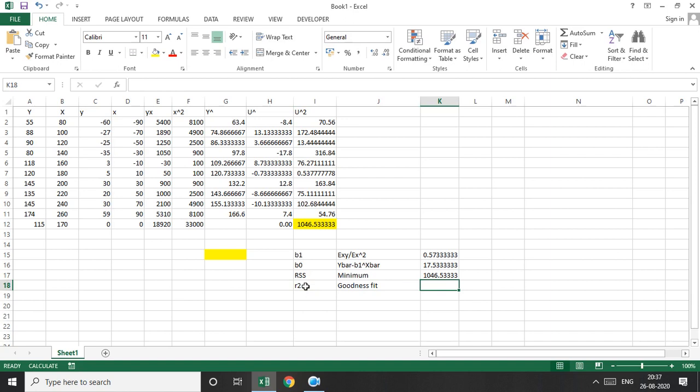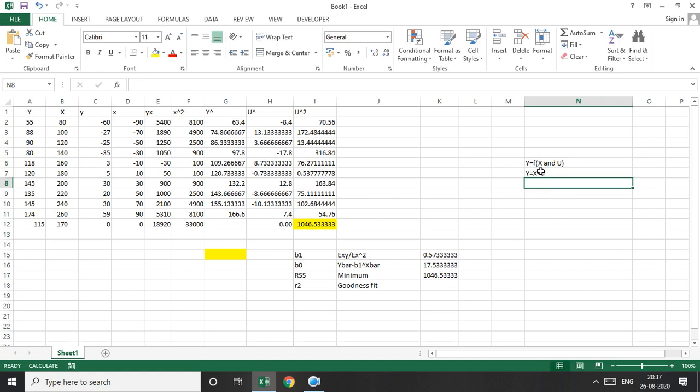Y is a function of X and U. That means Y is equal to X plus U. There is a deterministic part and a stochastic part.